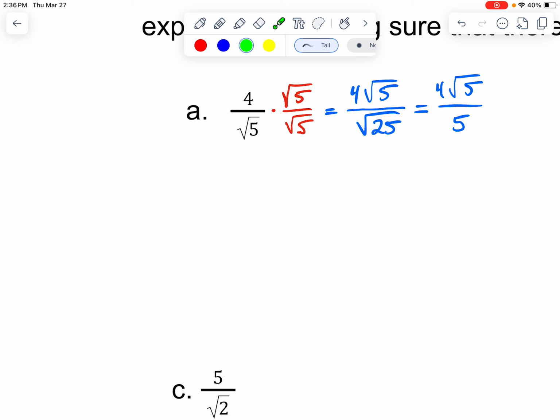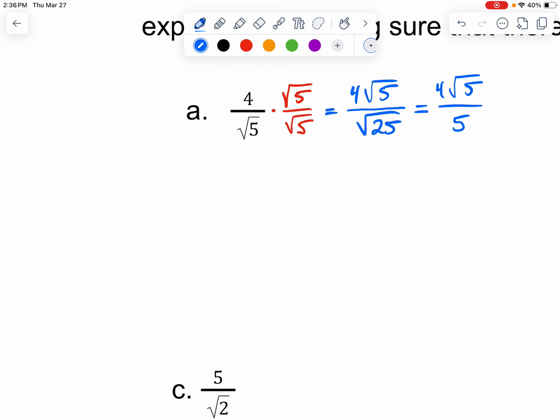And what's always going to happen on the bottom, if I have the square root of 5 times the square root of 5, it's always going to be the square root of 5 squared, which is just 5. So you'll get to the point where you can kind of skip this middle step and just recognize that when I do this, I'm going to end up with just 5.